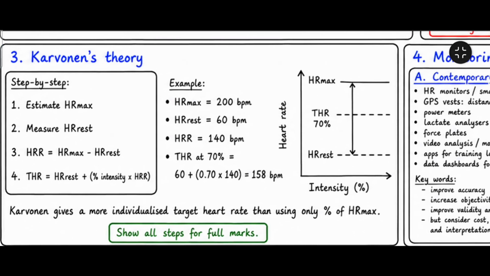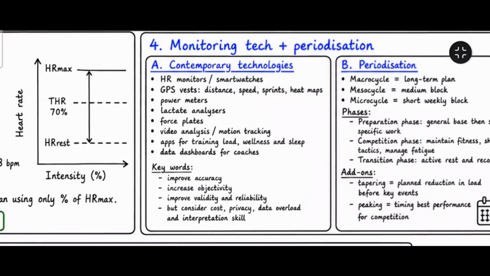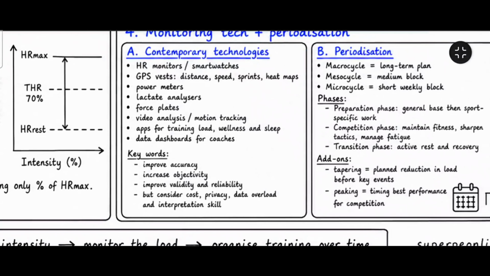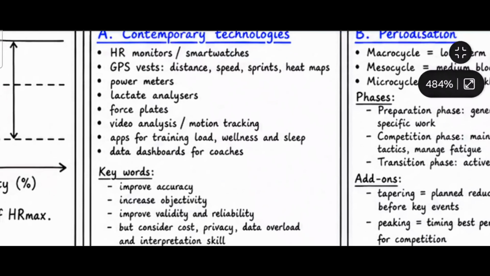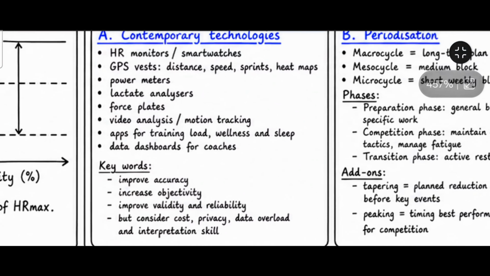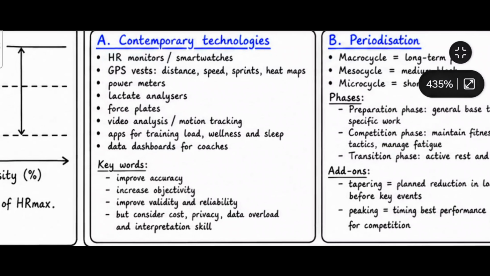Now let's look at contemporary technologies to monitor fitness and performance. Some examples that you can use: obviously heart rate monitors, smartwatches, GPS vests, power meters, force plates, lactate analyzers, video analysis, apps to track sleep, load, and wellness, and data dashboards for coaches.